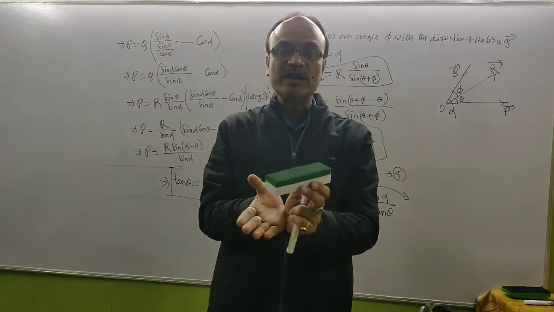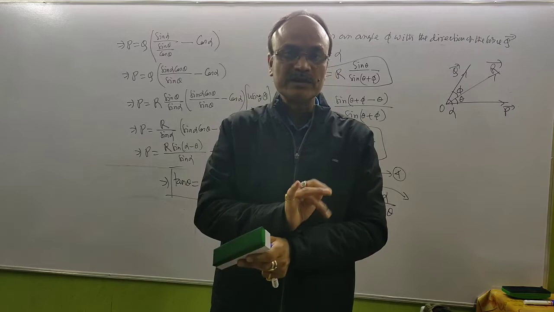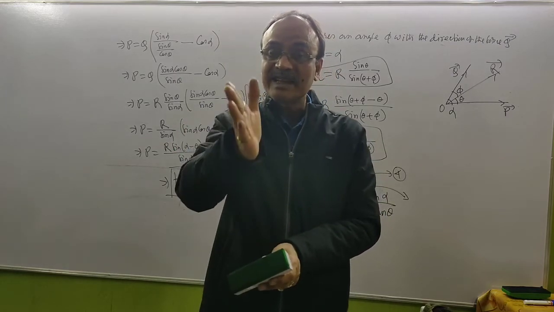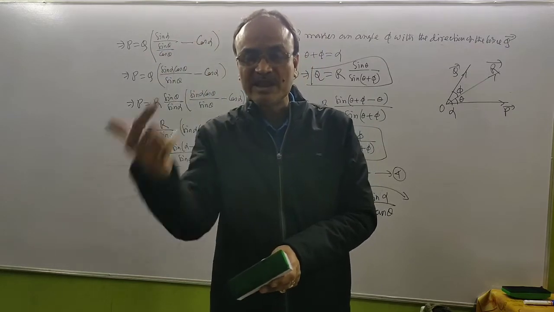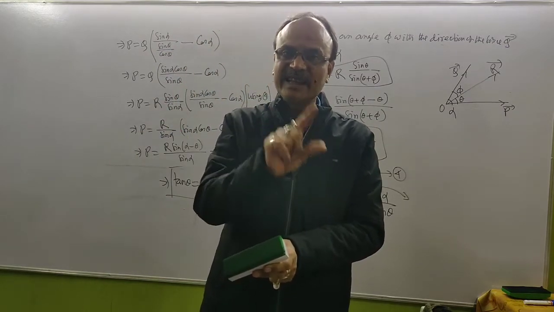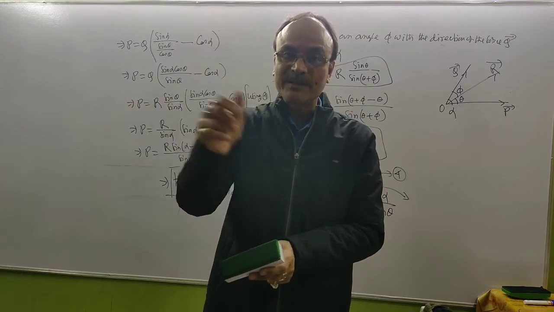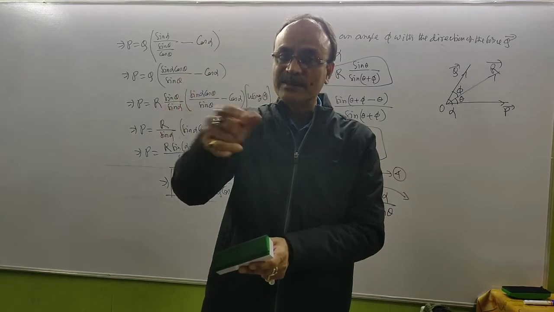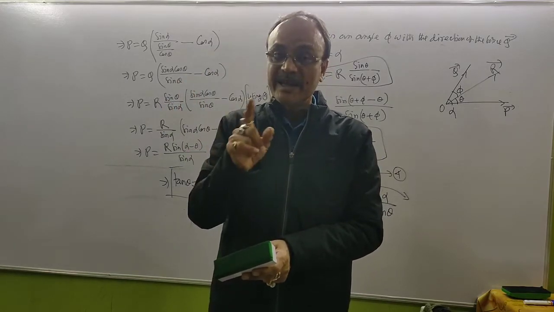Alpha is the angle between the two forces P and Q. Number 2. If the resultant makes an angle theta with the force P, then tan theta is equal to Q sin alpha divided by P plus Q cos alpha.